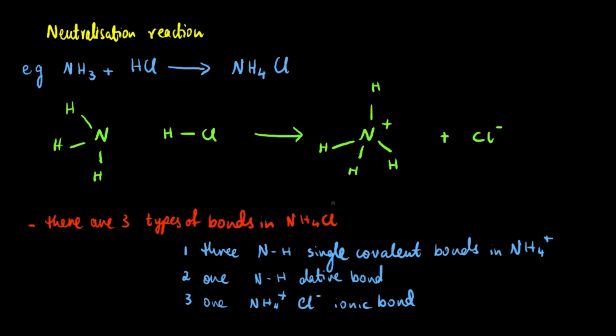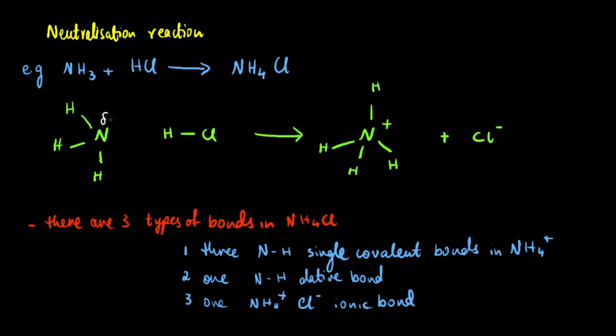Now I have drawn out the structures to show the reaction, and in the reaction we can clearly see that the aqueous ammonia is reacting with the HCl molecule and it is forming the ammonium ion and the chloride ion, right? So now in this, how does dative bonding take place? Let's look at that. Again, we know that nitrogen is more electronegative than hydrogen, right?